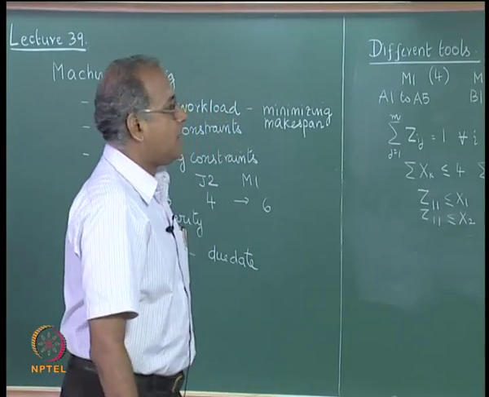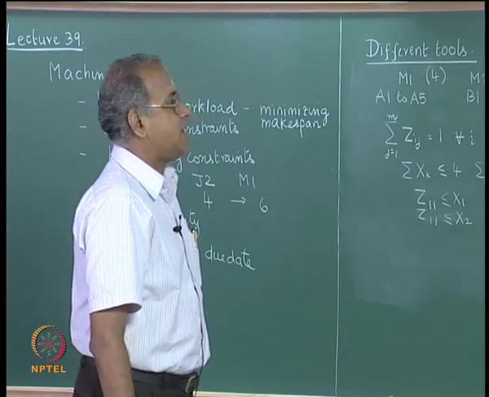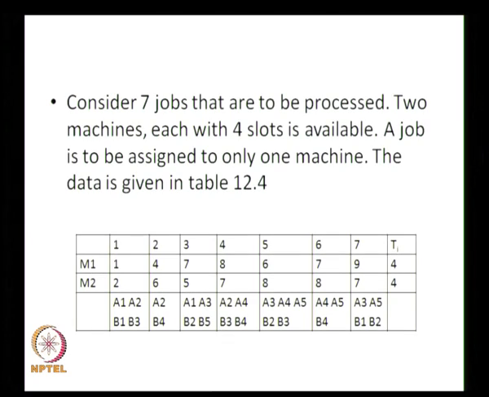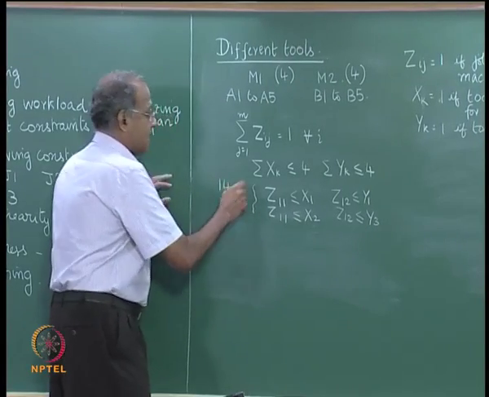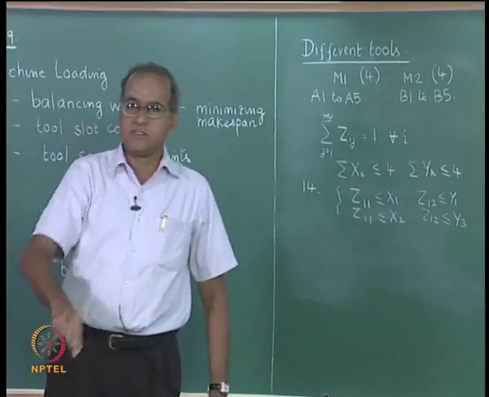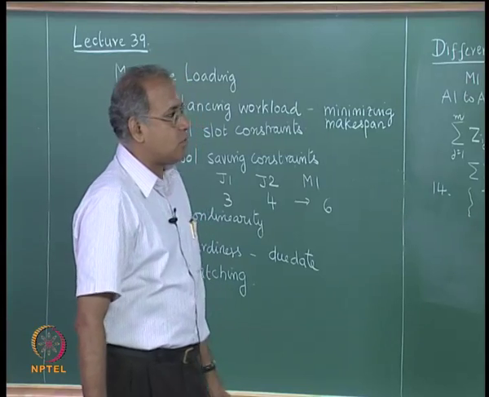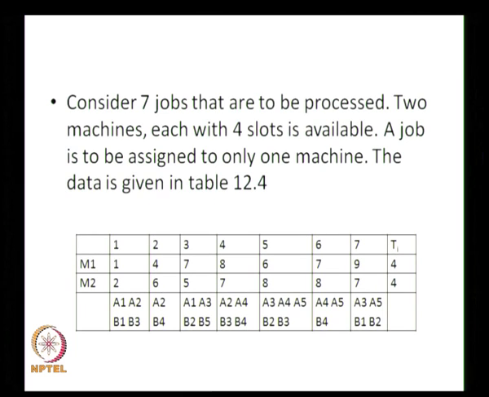So, we are going to have 2 plus 1, 3, 5, 7, 10, 12, 14 such constraints, considering all the allocations. For example, the next one will be Z21 is less than or equal to x2 and Z22 is less than or equal to y4.